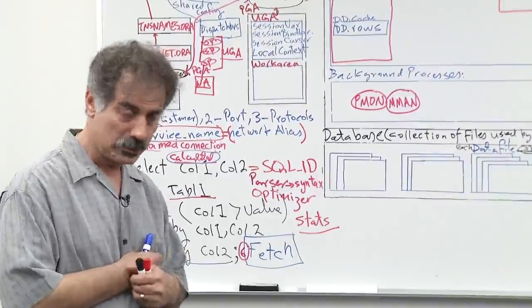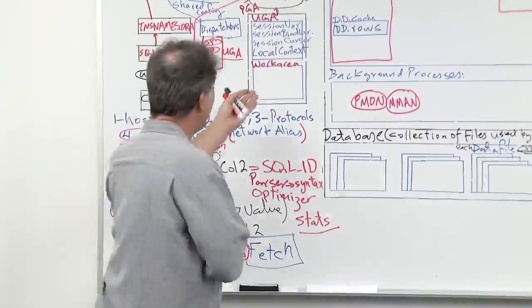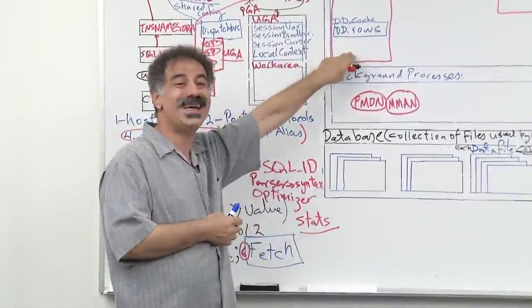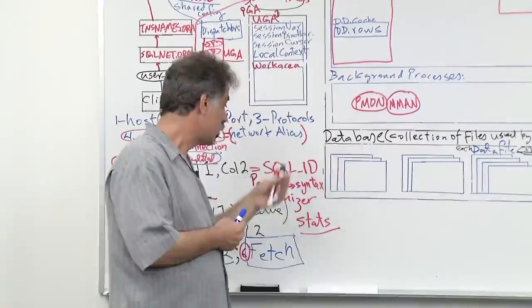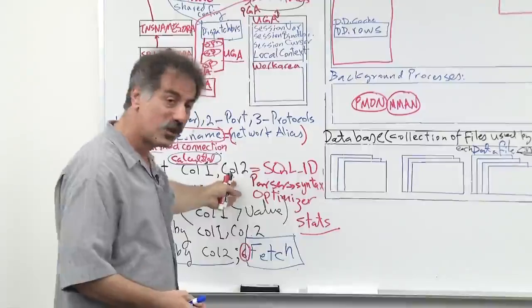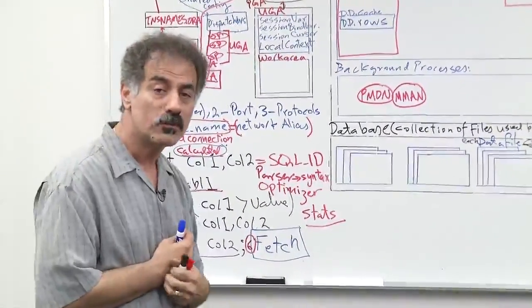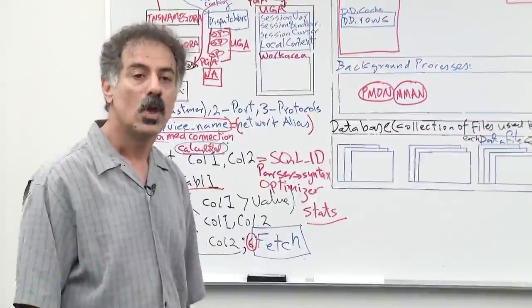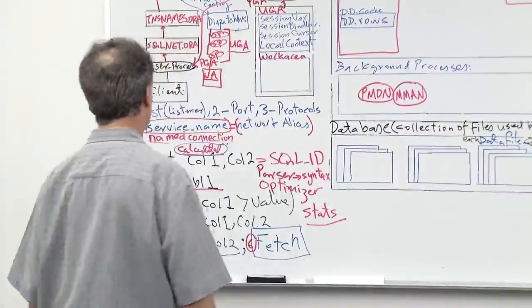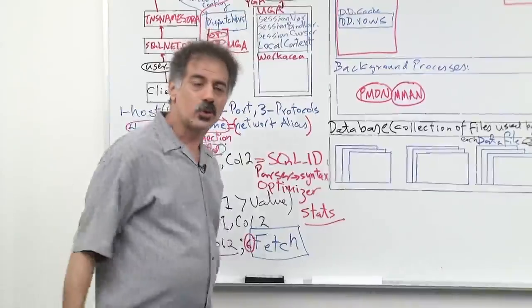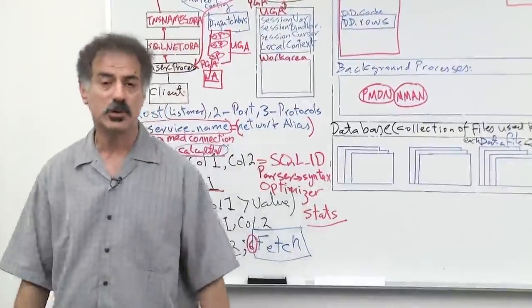Between those plans, based on the resources that are available, both in the session and in the SGA for my database, and based on the size of the data, it then decides which one of those plans would be best. The optimizer always tries to choose a plan that is going to consume the least amount of resources.